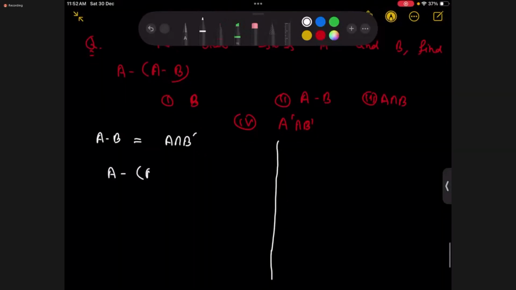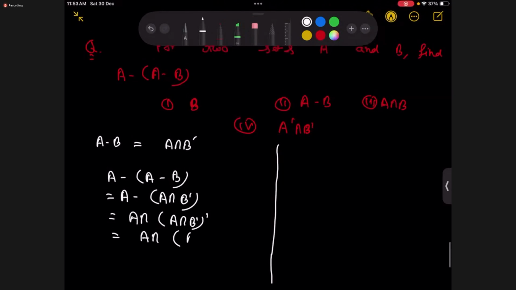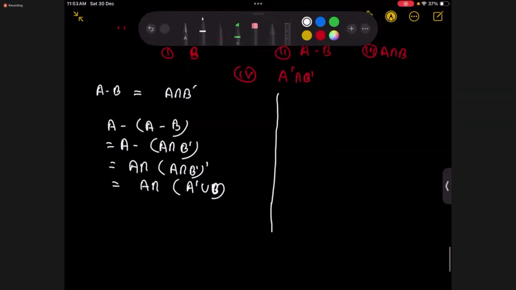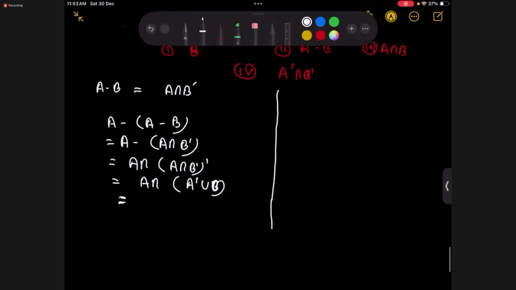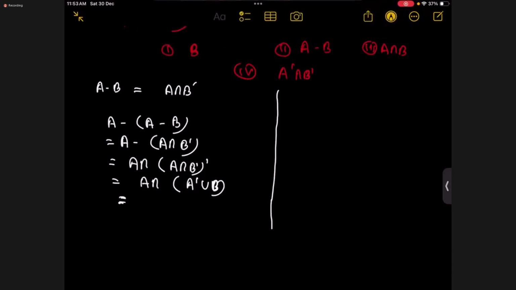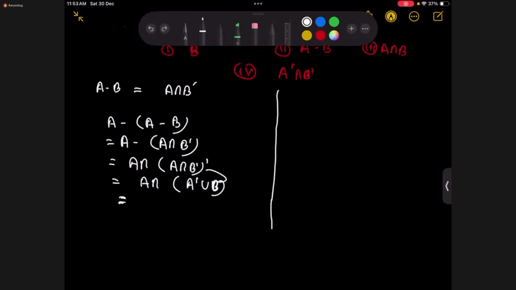A minus B is equal to A intersection B prime, which equals A intersection B prime whole prime... equals A intersection A prime union B. Here we have already used De Morgan's law. Check how we obtain these two lines.